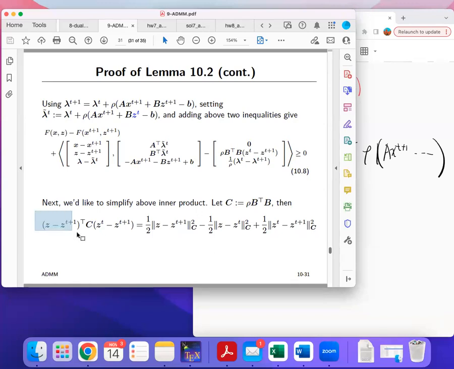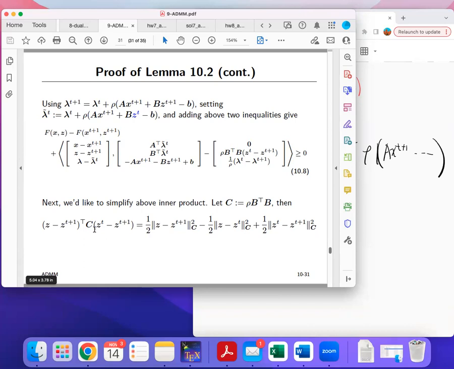Such a quadratic term, (z minus z_{t+1}) times C, where C is a certain matrix, times (z_t minus z_{t+1}), can be expanded into three quadratic terms based on the C norm.